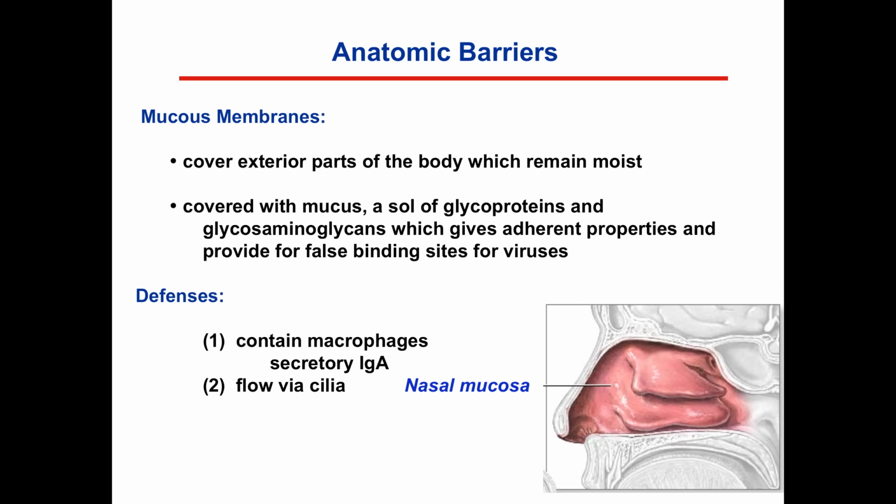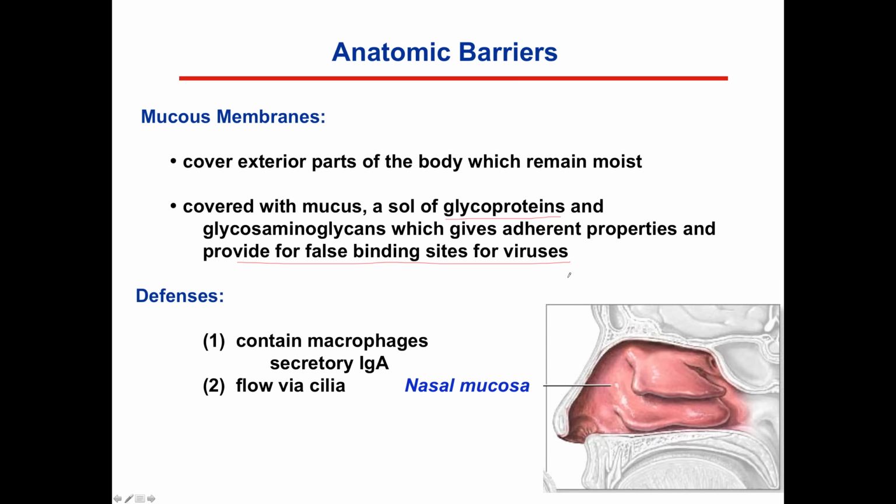Another anatomic barrier is the mucous membranes. These cover the exterior parts of the body, which remain moist, and they're covered with mucus. For example, here are the nasal passages, the nasal mucosa, and they have these soluble glycoproteins and glycosaminoglycans, which have adherent properties and provide basically false binding sites for viruses and bacteria, particularly viruses.